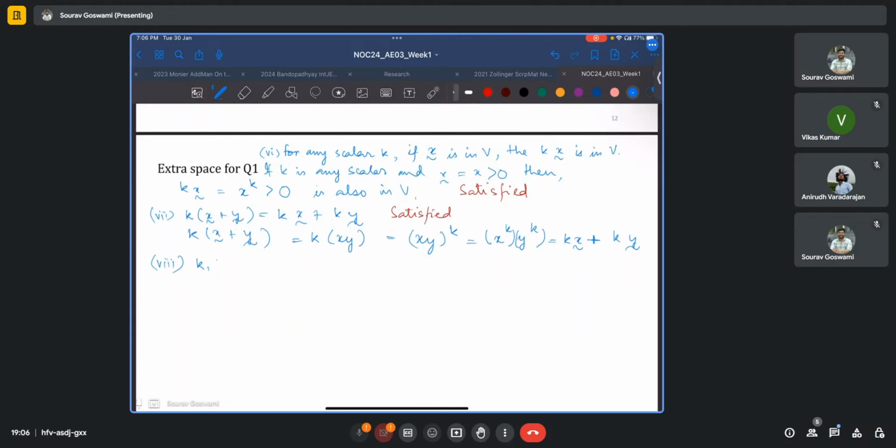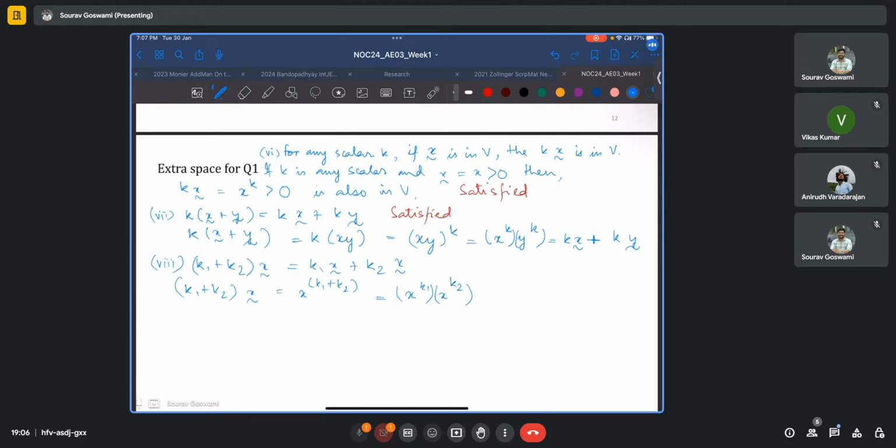The eighth axiom, for multiplication of a vector by the sum of scalars k1 and k2, says they should equal the sum of the separate products, the associative property of the scalars. Let's check if this holds. For our case, based on how we have defined scalar multiplication, this will simply be x power k1 plus k2, which will equal x power k1 times x power k2.